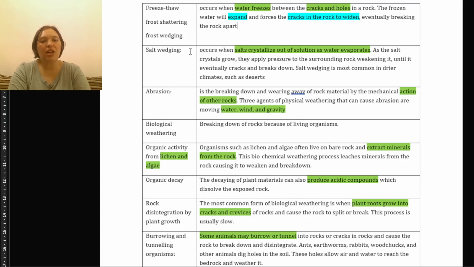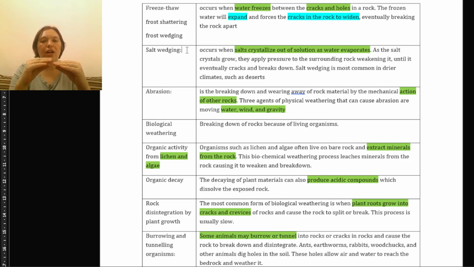Now, salt wedging is exactly the same thing, but with frost wedging or frost shattering, we had expansion because of freezing. Here we've got expansion because of salt crystals. So when there's salt that's dissolved in the rainwater, or not necessarily just rainwater, if it's next to an ocean or that kind of thing, we get that as well.